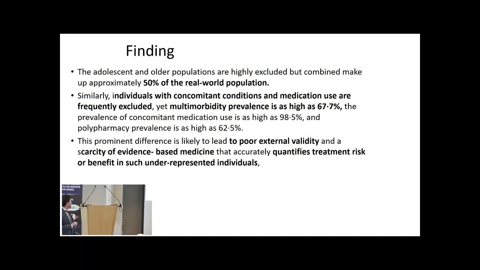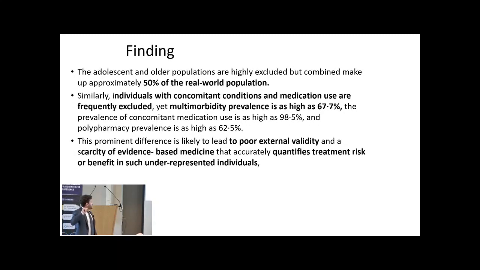Adolescent and older populations are highly excluded, but together, they make up approximately 50% of the real-world population. When you run an RCT, you say, I'm going to get sufficient medical data because you can't beat RCT trials, but it doesn't reflect the real-world settings. It's not sufficient. Individuals with concomitant conditions and medications are frequently excluded.